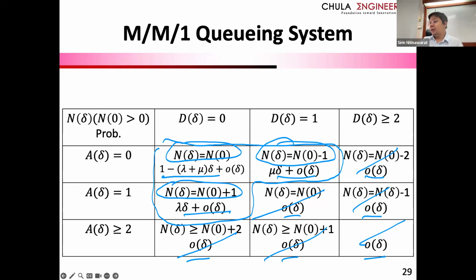And for the latter two, it happens with rates lambda and mu respectively. And the complement of the sum of these two probabilities is just the dominant term of the other possibility, that the number of customers in the system stays the same, right?